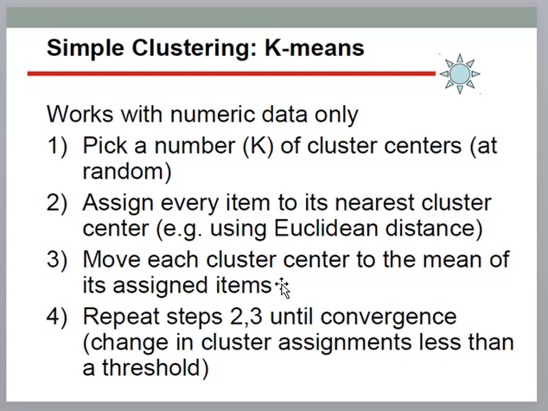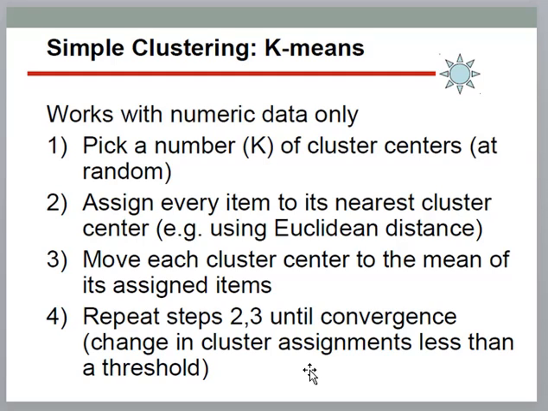Number 3 is to move each cluster center to the mean of the assigned items. So the third step is to move the cluster center to the mean or average of the assigned items. Number 4 is that we need to repeat step number 2 and step number 3, in which we calculate the distance and then update the cluster center, until we have convergence. Convergence here means that the change in cluster assignments is less than a threshold.